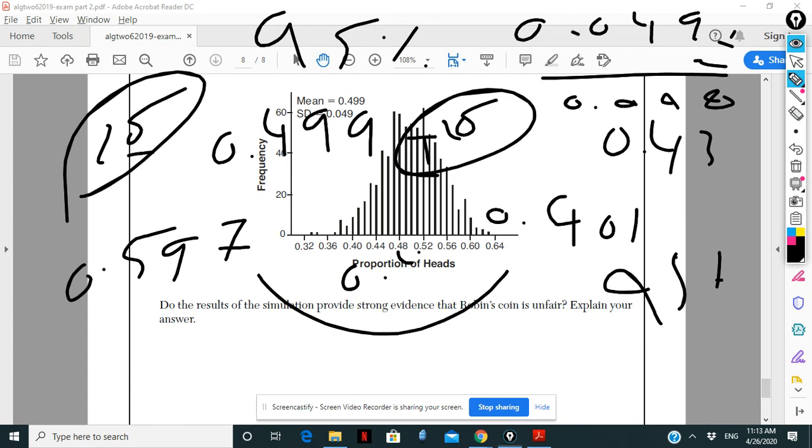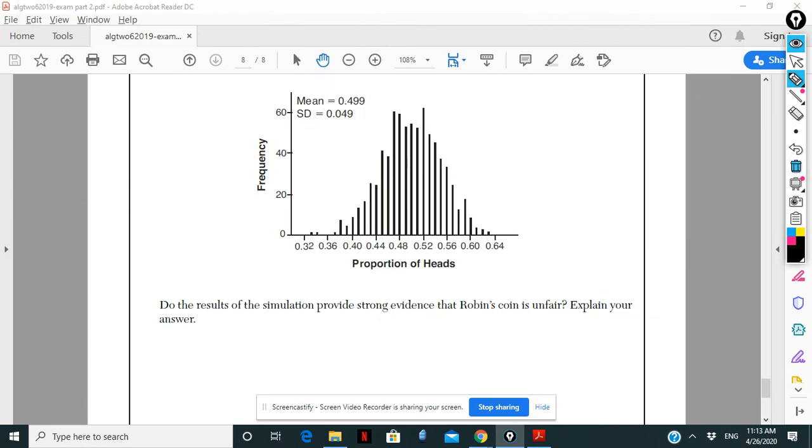Now the 0.43 is in between that range. So it's not going to be unfair, because the simulation showed you that 0.43 is located between 0.401 and 0.597, which means in the 95%.